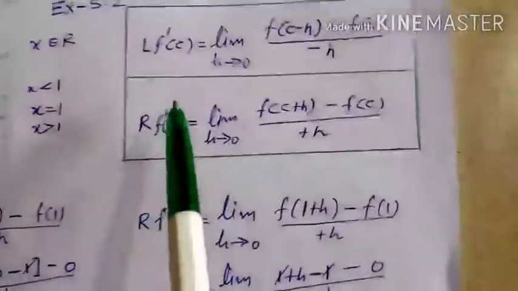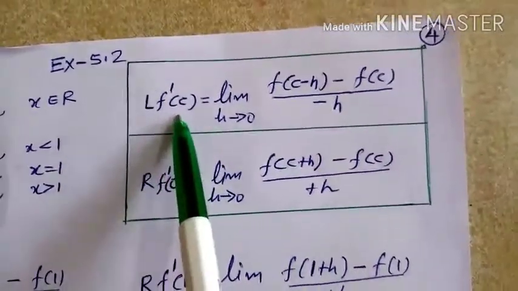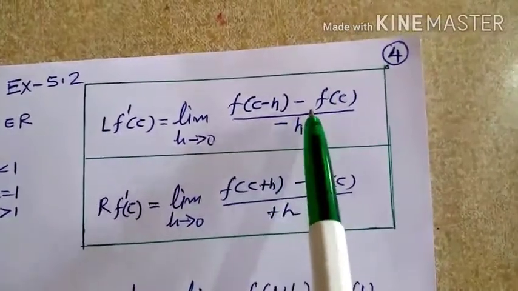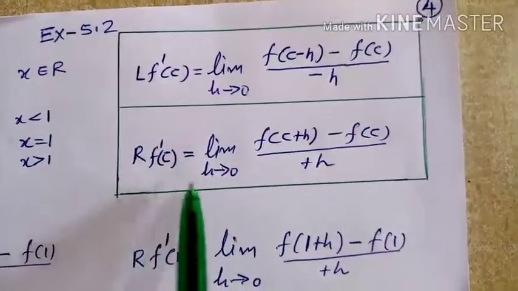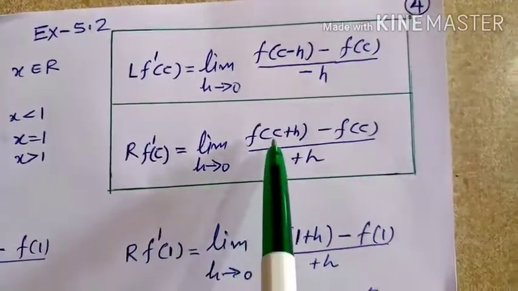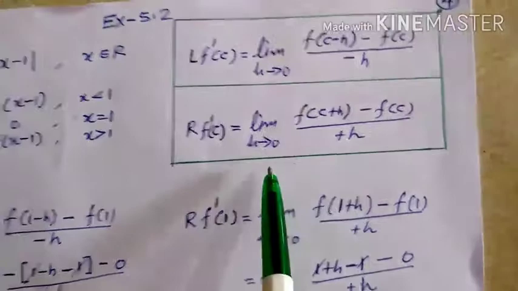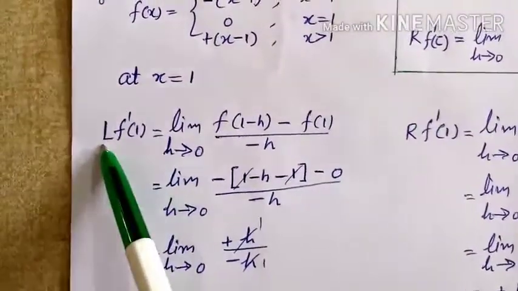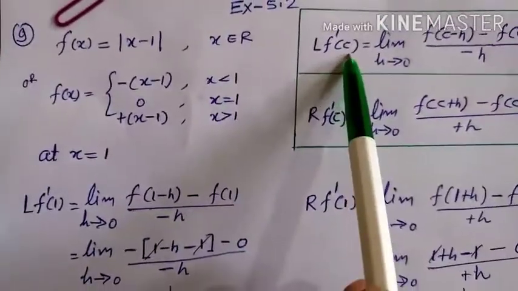So let's see, at any point c, the left hand derivative is limit h tending to 0 of f of c minus h minus f of c upon minus h, and the right hand derivative is limit h tending to 0 of f of c plus h minus f of c upon plus h. So at x is equal to 1, first we find the left hand derivative, L f dash 1. In place of c we will write 1.